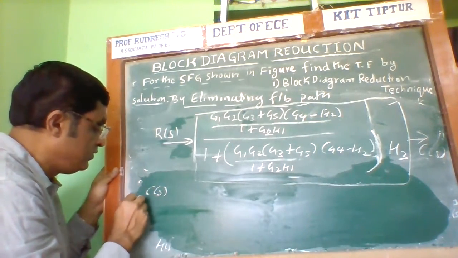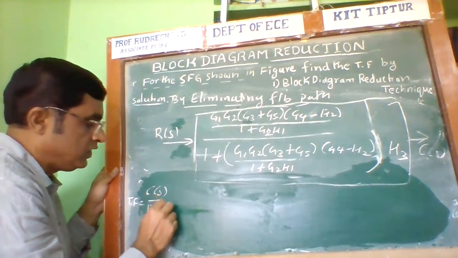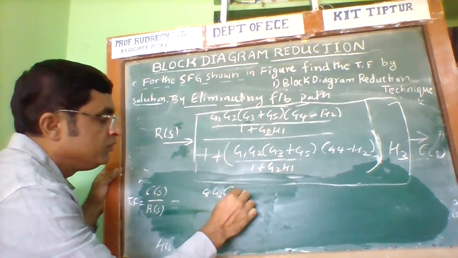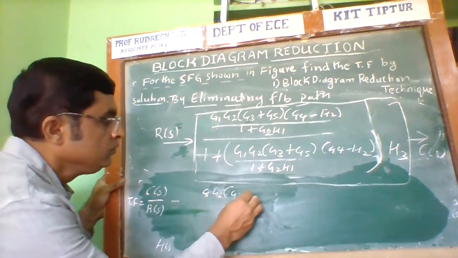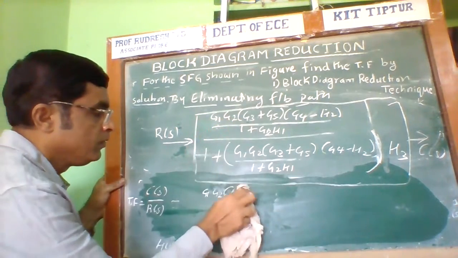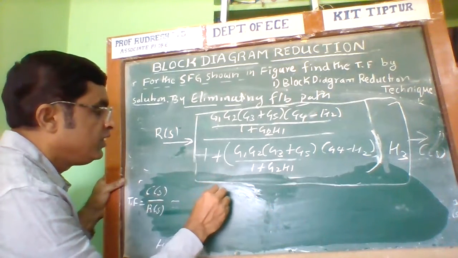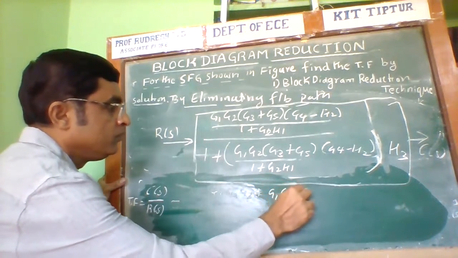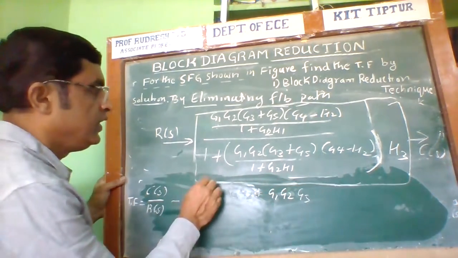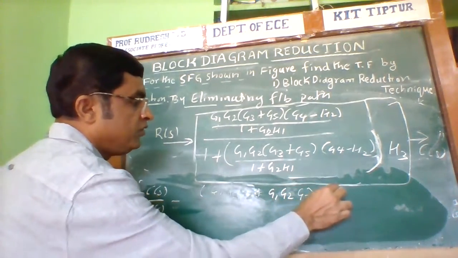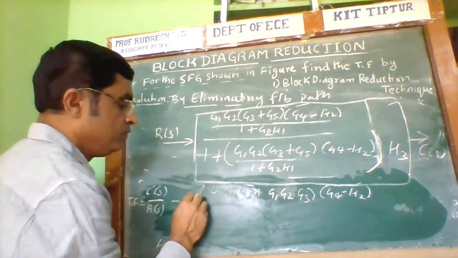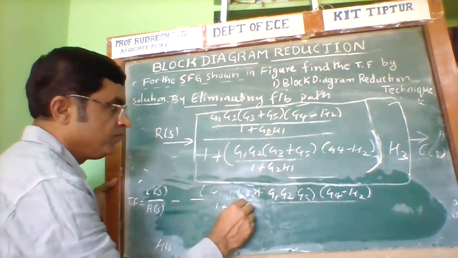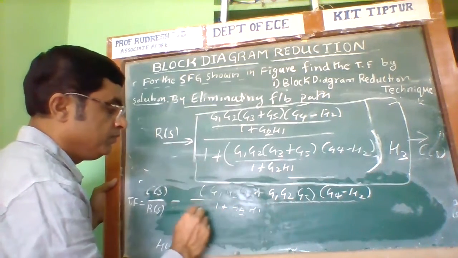Therefore the transfer function, write the simplified answer of C of S divided by R of S, is equal to G1, G2, G3 plus G1, G2, G5 into G4 into minus H2 divided by 1 plus G2 into H1.